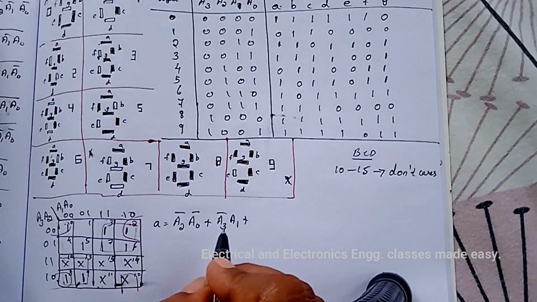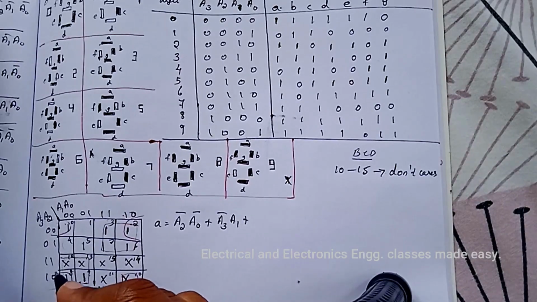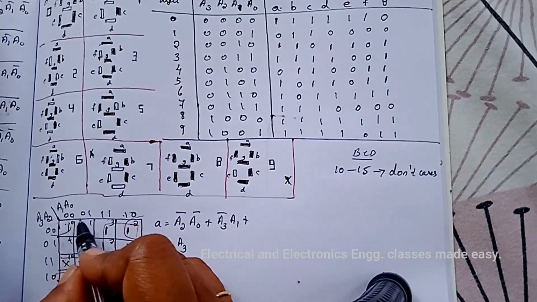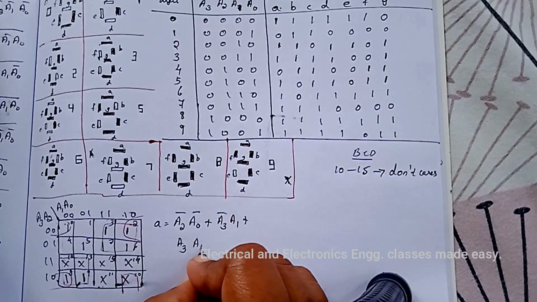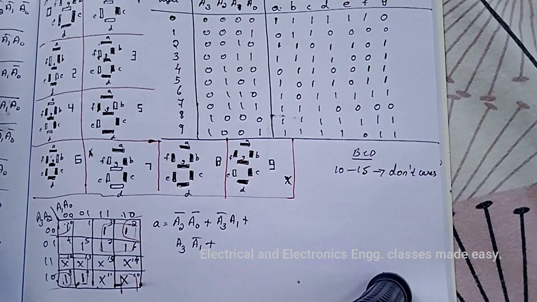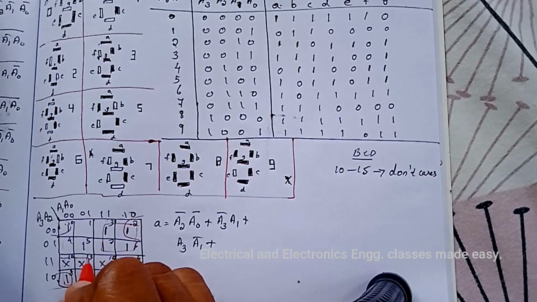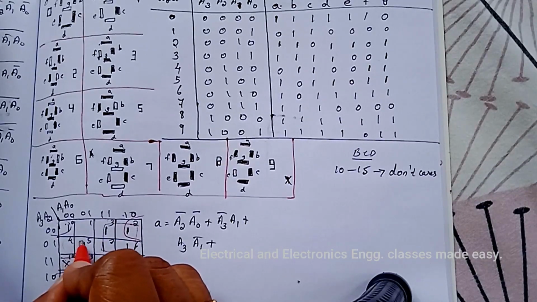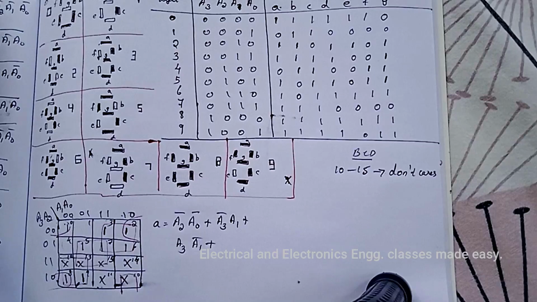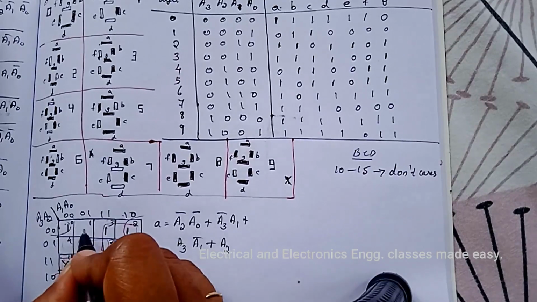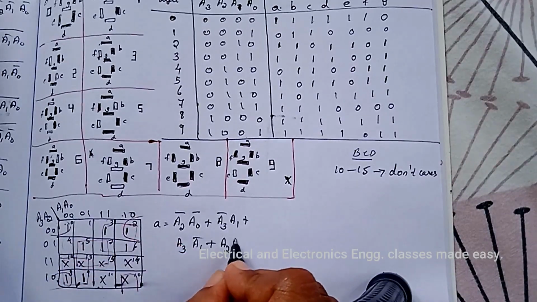So here the constant variable is A3, that is A3, and here A1 bar. Plus, now we can combine these four squares. So here A2 and here A0.